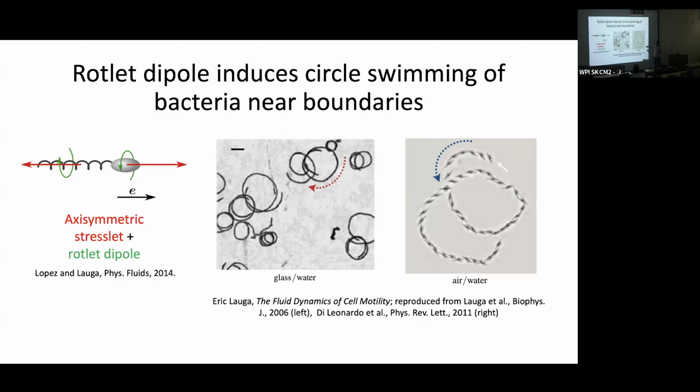The senses, when viewed from above, I think are different between these two types of boundary. So that was a big contribution of Eric Lauga in 2006, understanding the origin of circle swimming in the hydrodynamics of the interaction of this with a boundary.